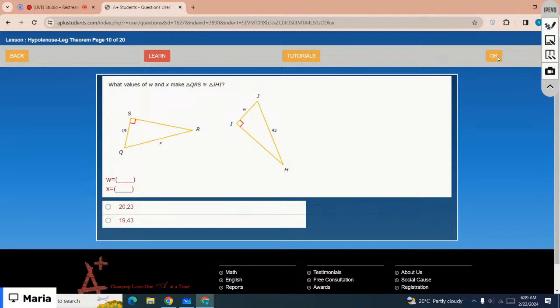The correct option is option number 2, 19 and 43, right?